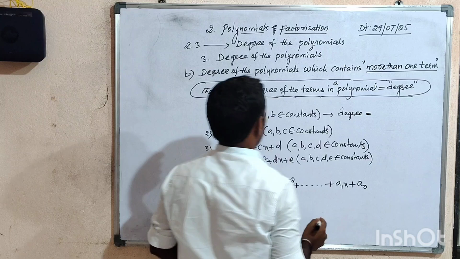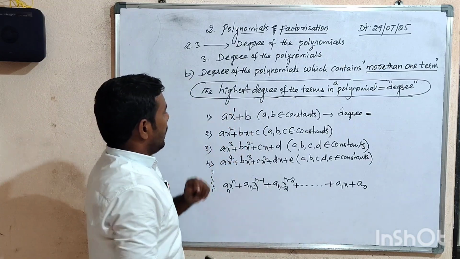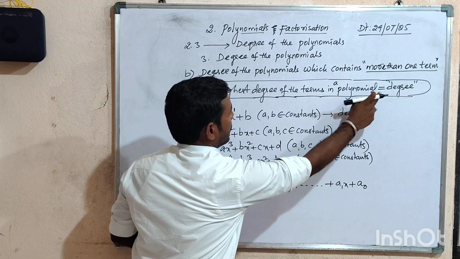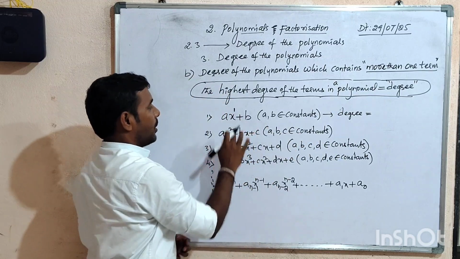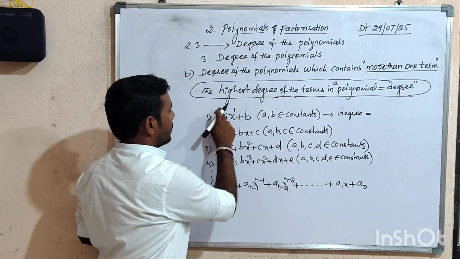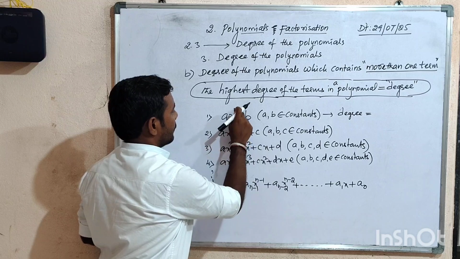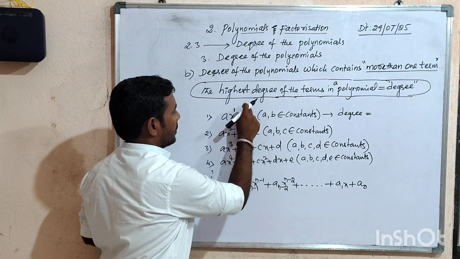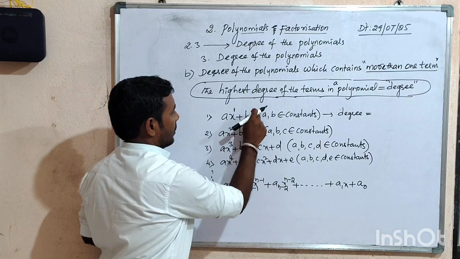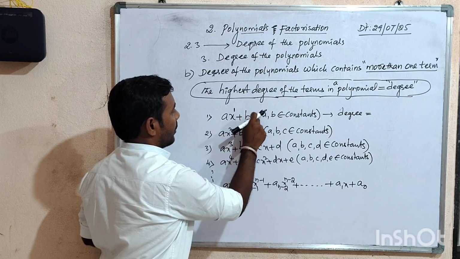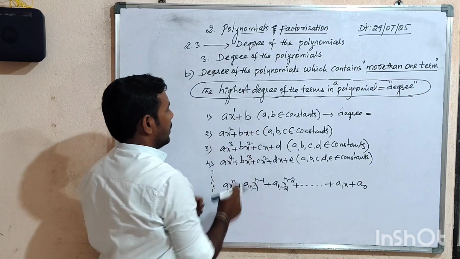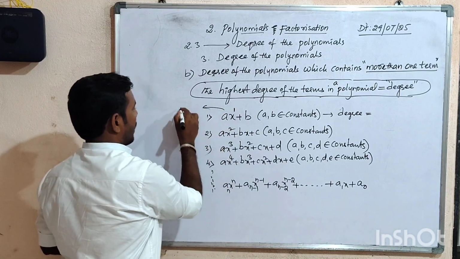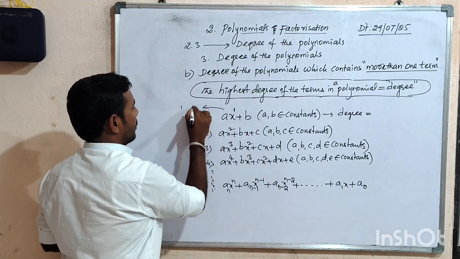Carefully observe the degree of this one. See, the highest degree of the terms in a polynomial is called the degree. So it is a polynomial. Its degree, tell me its degree. 1. Its degree, tell me. It is a constant, no? What about its degree? 0. Now I am writing here: its degree 1, its degree 0.